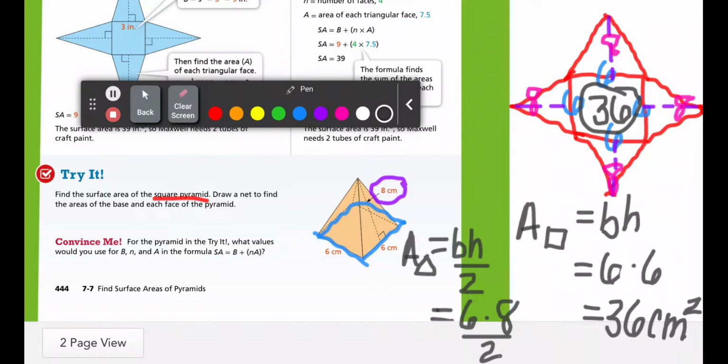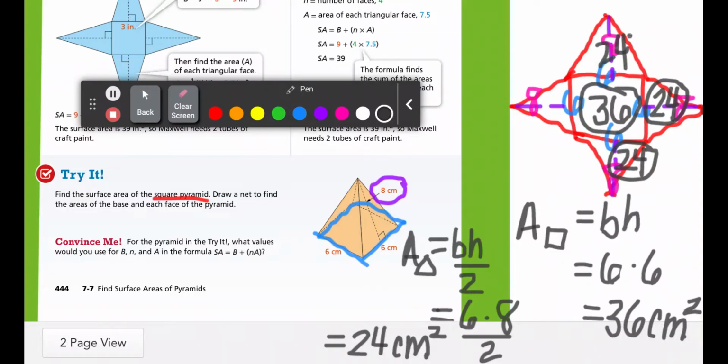If you're doing this in your notebook, you wouldn't be running out of room. It will be 24 centimeters squared. So each of these triangles would have an area of 24. Write it in the triangle, circle it. And how many triangles do I have? I have 4 triangles.